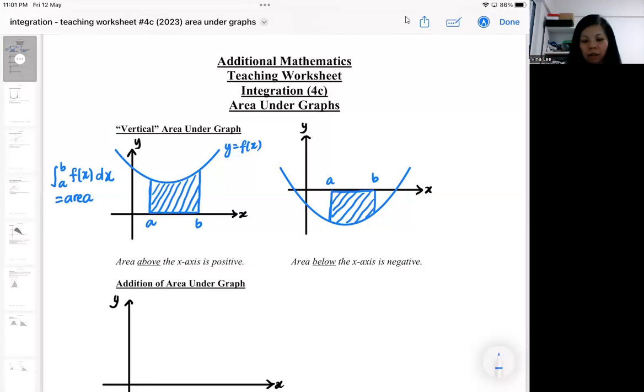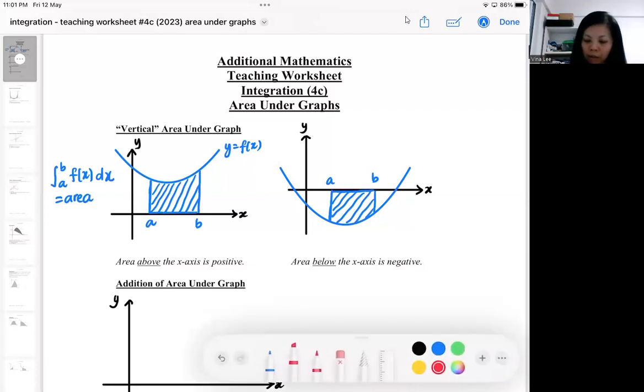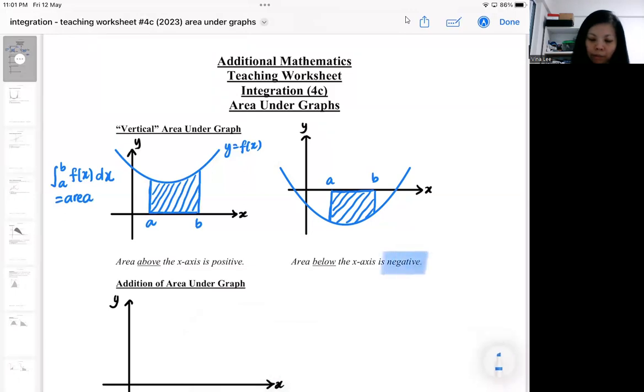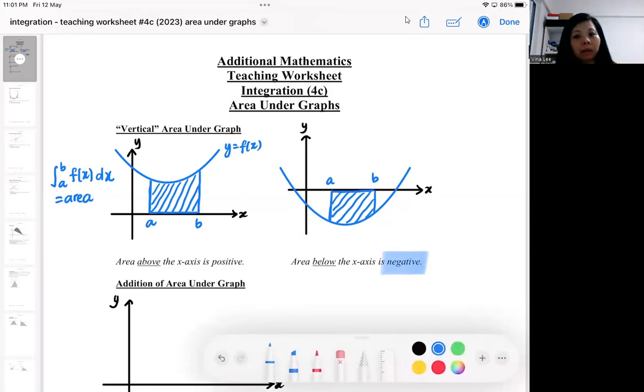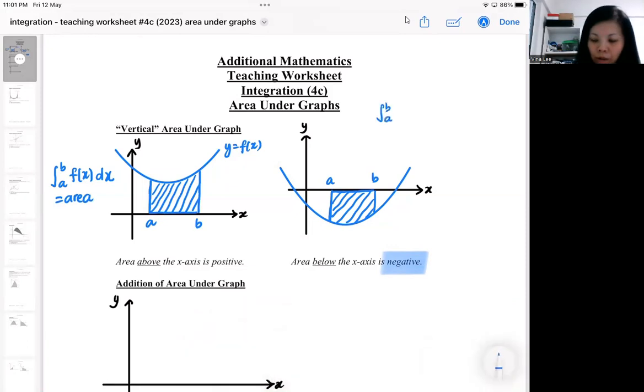So in this case, I expect the area to be negative because it's below the x-axis. Okay, what do I mean by I expect the area to be negative? It means if you work out the definite integral, you will get a negative value.